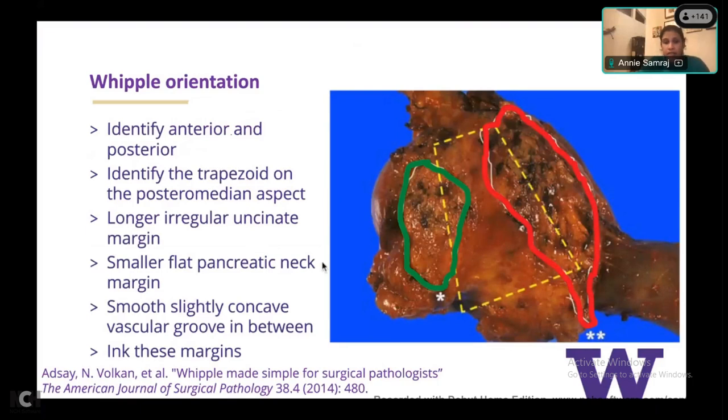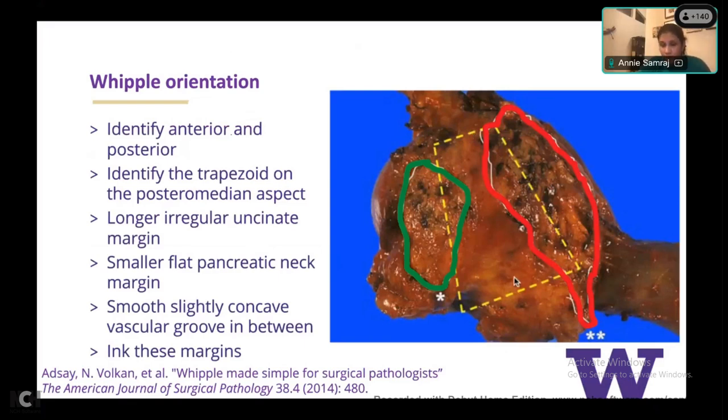The other way to do this is the trapezoid method. This is the trapezoid here, highlighted in the yellow ink. This is the posteromedial side of the pancreas. When you get the specimen in a fresh state, identify the anterior and the posterior, and on the posteromedial side, the easiest landmark to identify is the vascular groove, because it is smooth and serosalized.